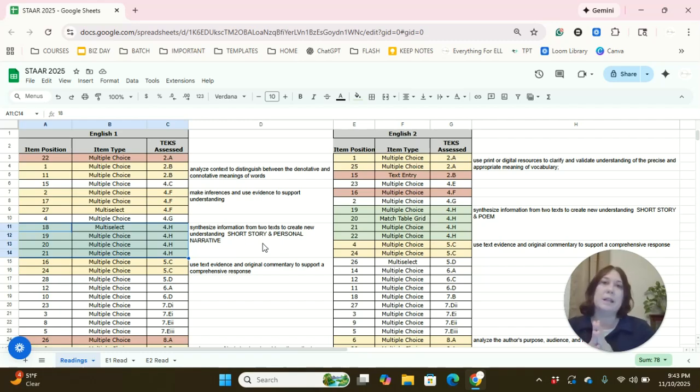This is a TEK that I try to hit in every unit with my students. And even though this TEK is looking at the similarities and the differences between texts of 2 different genres, I find that the skill can be practiced pretty easily even within the same genre, right? So if we were doing drama, we might look at how the characters' motivations are similar or different.